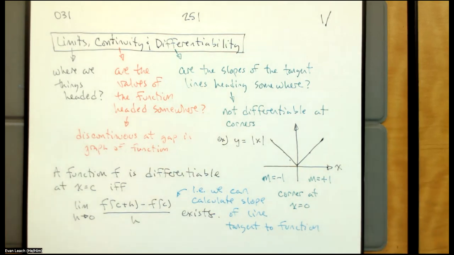We can calculate the slope of the line that's tangent to the function. There's one tangent line there, and we can find its slope.